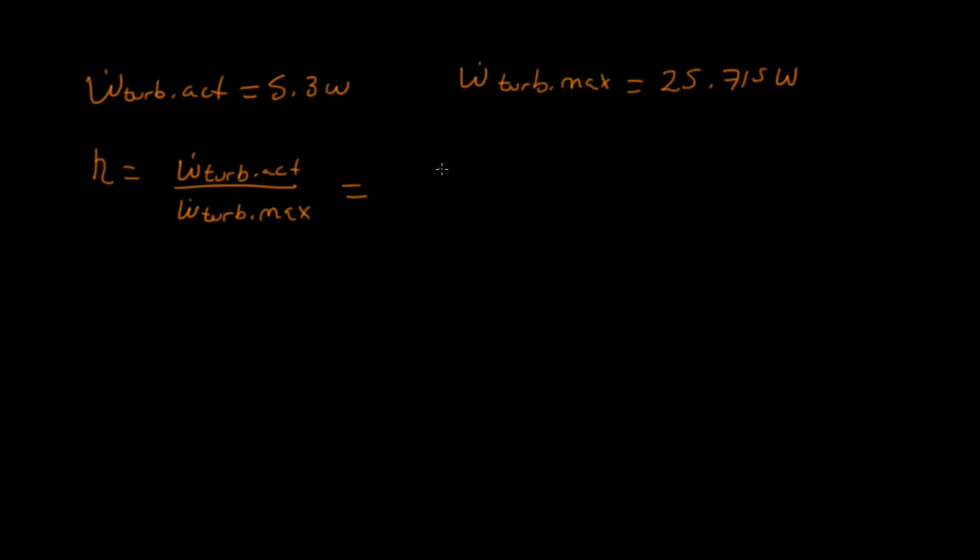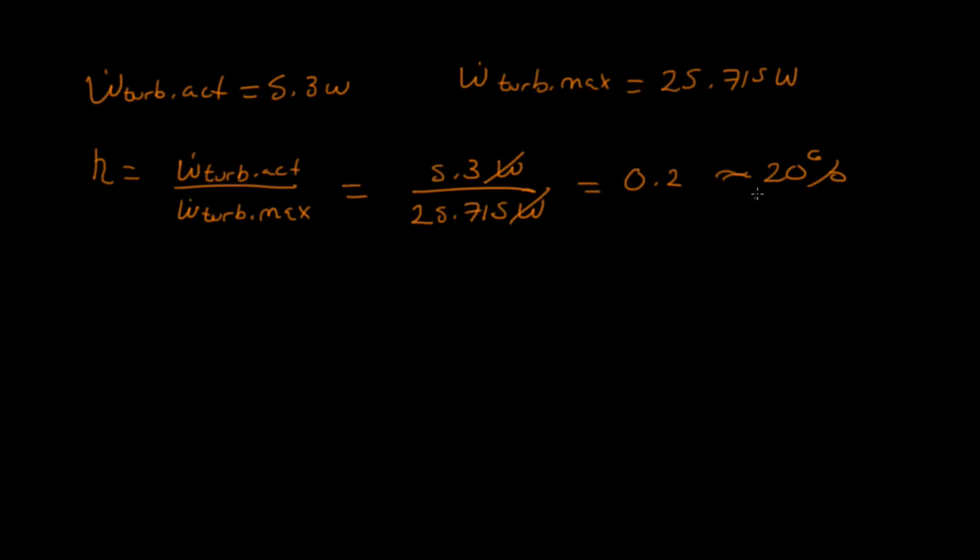And this is 5.3 watts divided by 25.715 watts. Watts cancels with watts, which is right, because efficiency is a unitless quantity, so we should get just a number. And when you calculate it, you get around 0.2, which is roughly 20%.